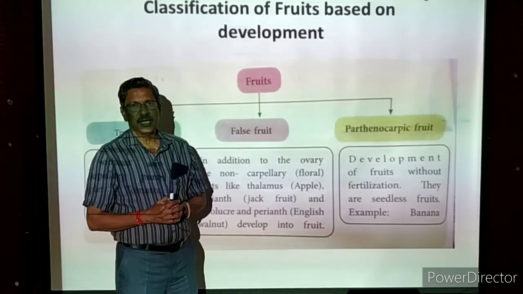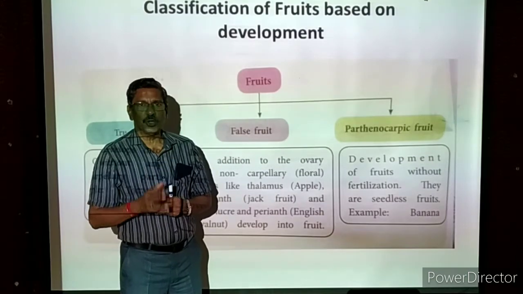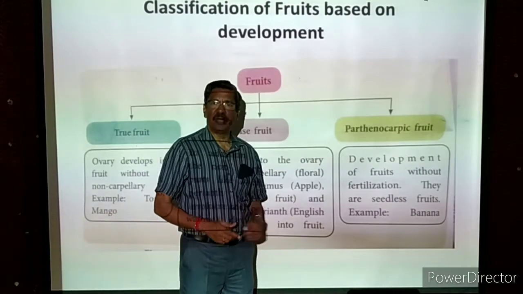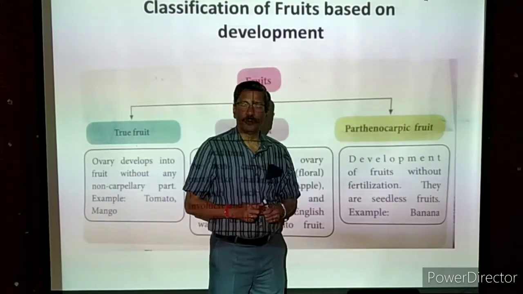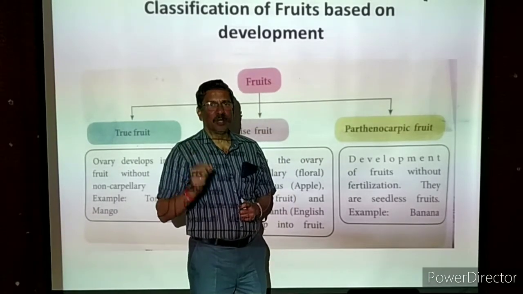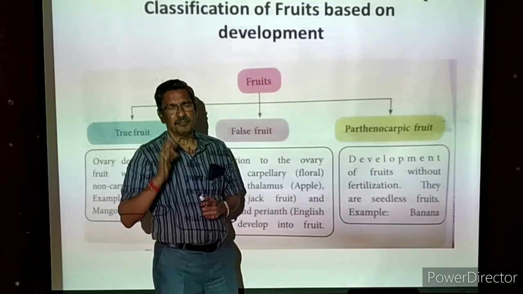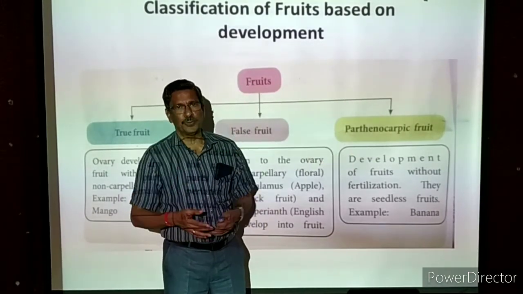Sometimes in some plants, in the flower, without pollination and particularly without fertilization, a fruit will be developed. That type of fruit we can call a parthenocarpic fruit. In such fruits, because of the absence of fertilization, seeds will not be seen. So parthenocarpic fruits are also called seedless fruits.